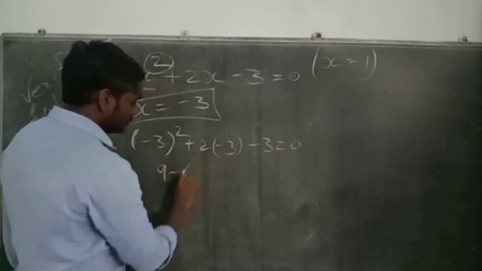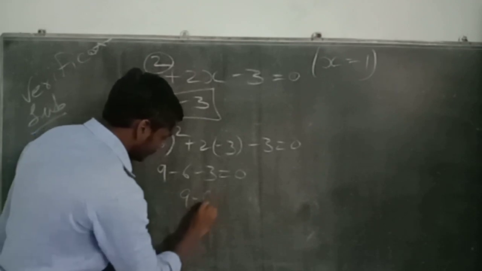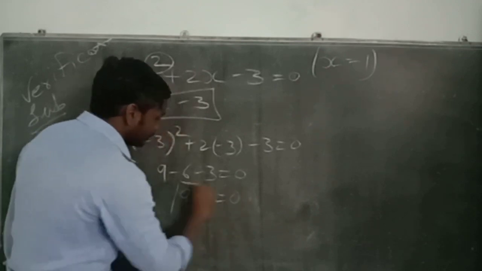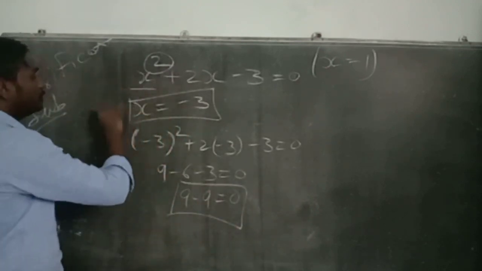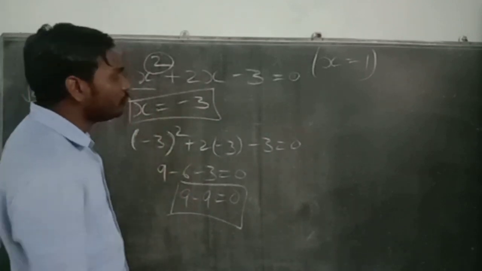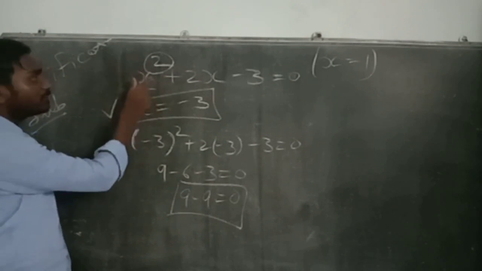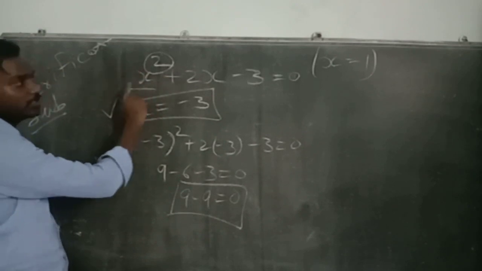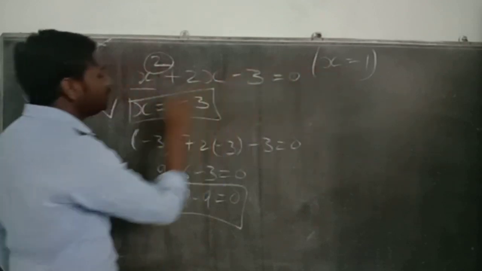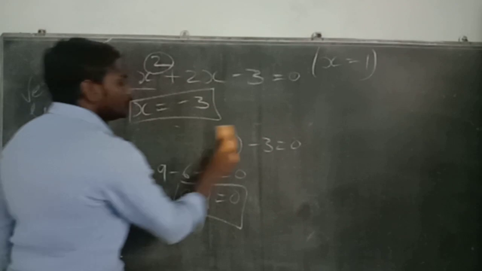Minus 2 3s are 6, minus 3, that is again 9 minus 9, which is nothing but 0. That means x is equal to minus 3 is also satisfying the equation. Therefore, the roots, or the value of x for this equation, are x is equal to 1 and x is equal to minus 3.